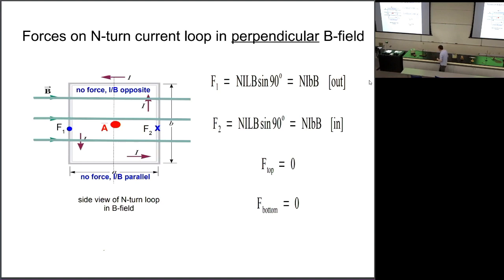And so straight off, without any mathematics, there's no force upstairs on this section of wire, and no force downstairs on this section of wire. We've only got to worry about the force on the left and the right.